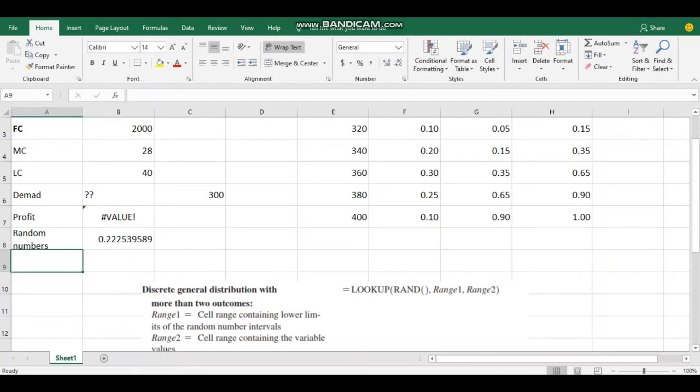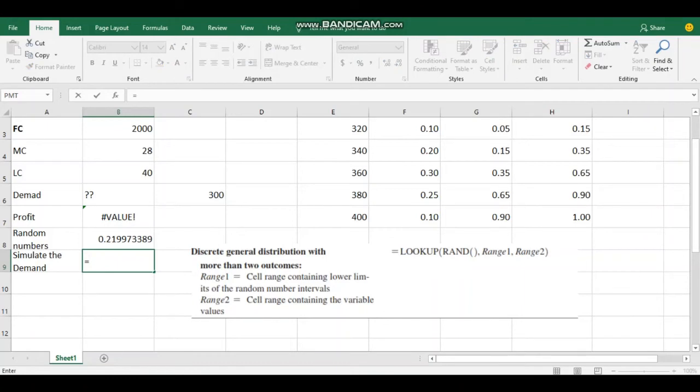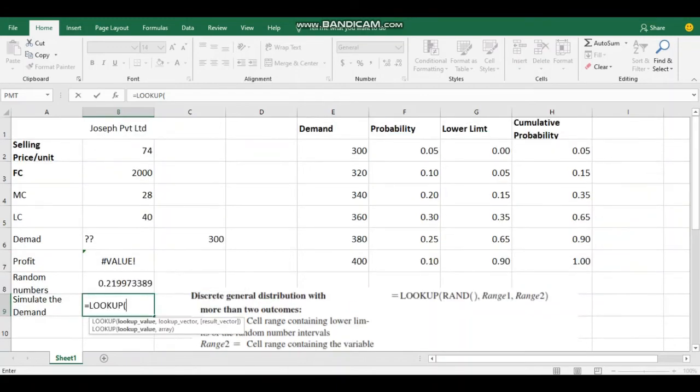Now what you have to do is simulate the demand. How do you simulate the demand? Very simple. This is the formula: equals LOOKUP function. We have to use that lookup function, right? Then it asks for the RAND value, which we have already done here.